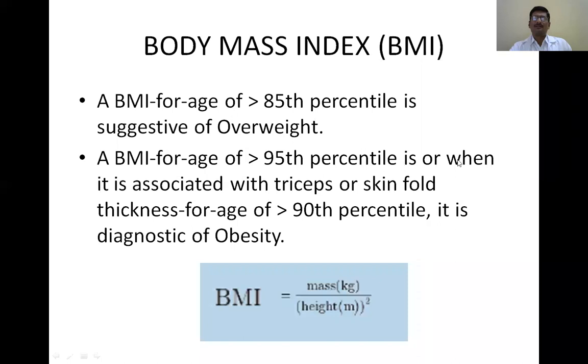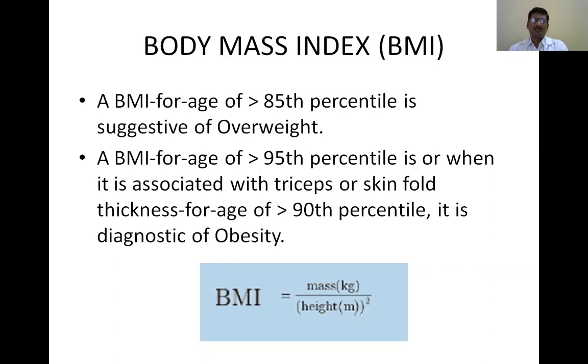If it is more than the 95th percentile, or when it is associated with triceps skin fold thickness for age more than the 90th percentile, it is a diagnosis of obesity. Whenever BMI is more than the 95th percentile, it is the diagnosis of obesity.